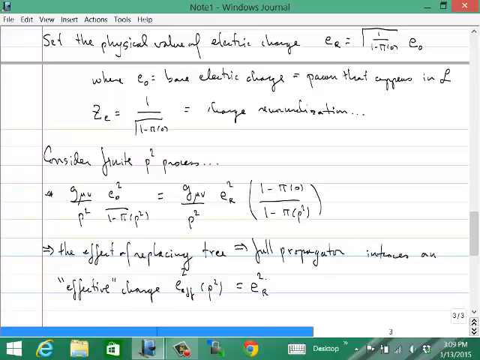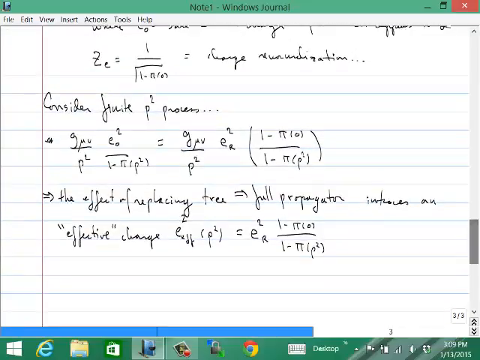It's equal to the actual charge, the physical charge, as defined at some particular fiducial value of the energy, in the present case very low energy, times some function that depends on momentum. So we can see that the effective charge that appears in quantum electrodynamic scattering processes depends on the energy scale p squared. The effective charge is scale dependent.